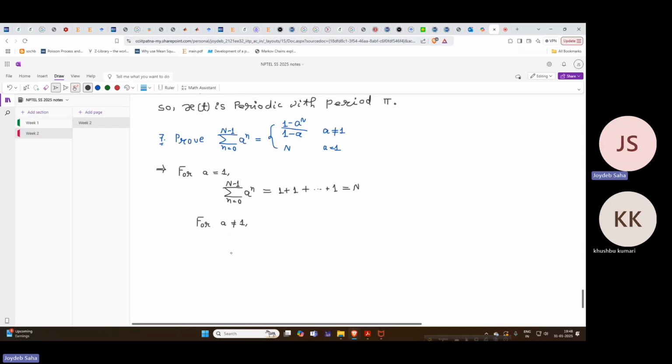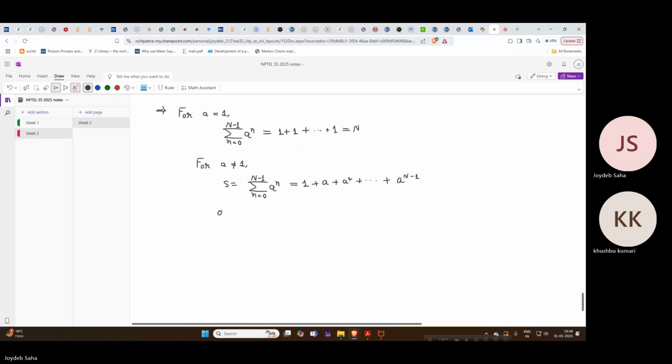the main question here, if a is not equal to 1, let us assume the sum S is equal to 1 plus a plus a square plus dot dot dot a to the power n minus 1, right?